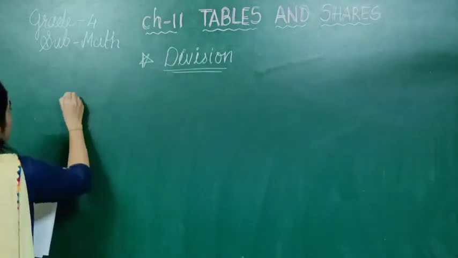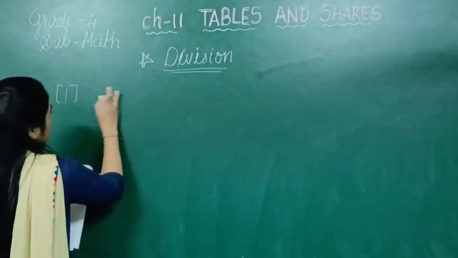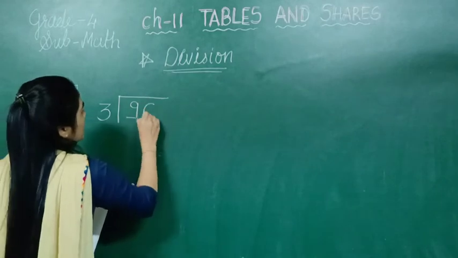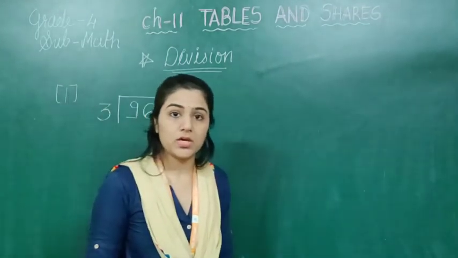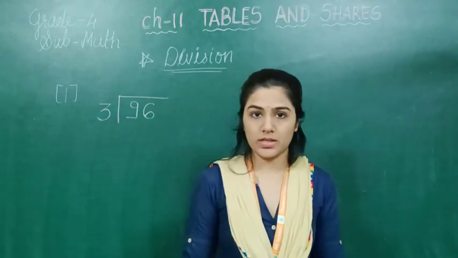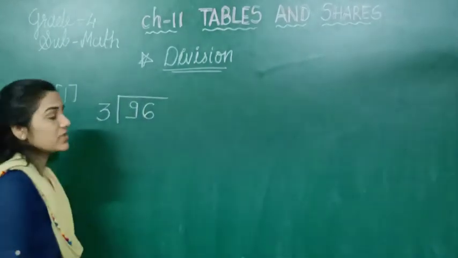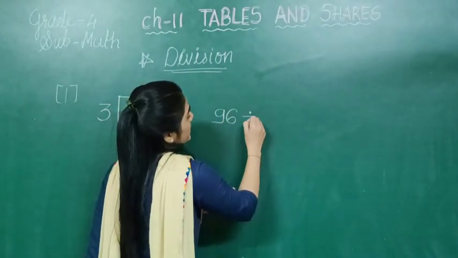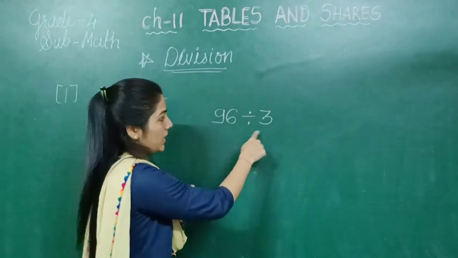Division sums. First I am taking one digit sums. 96 divided by 3. This is a simple division sum which you have already learned in grade 3, right? In some books the sums are given in this format: 96, the sign of division, and 3.